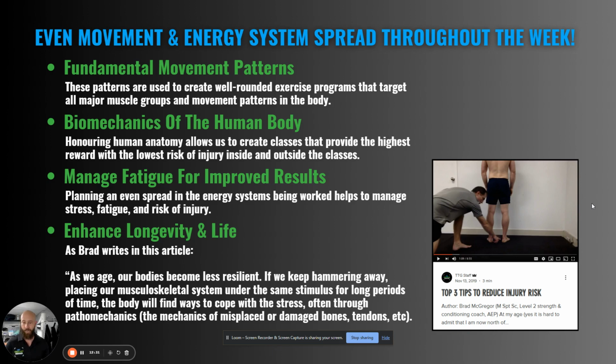He says, "As we age, our bodies become less resilient. If we keep hammering away, placing our musculoskeletal system under the same stimulus for long periods of time, the body will find ways to cope with the stress, often through pathomechanics, the mechanics of misplaced or damaged bones, tendons, etc."